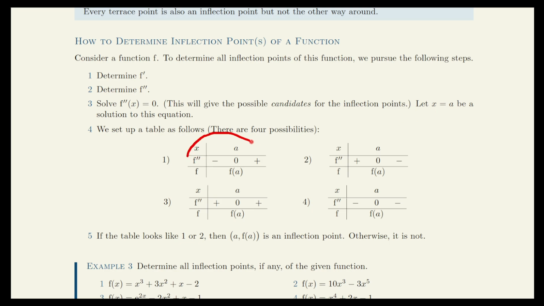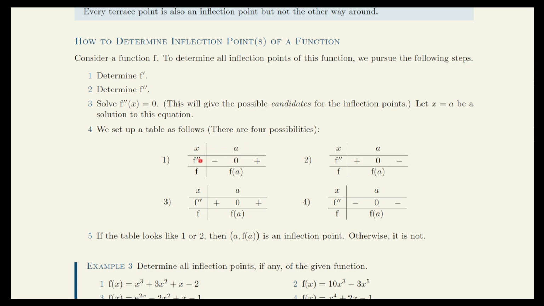We need to set up a table like this. It is very similar to the table that you had, which we called the sign table for the derivative. The only difference is that the middle row, instead of being information about f prime, is the information about f double prime. But it really looks the same. And then you take this number that you found and put it in the x row.